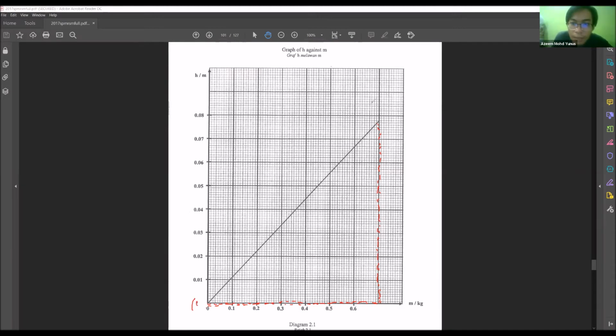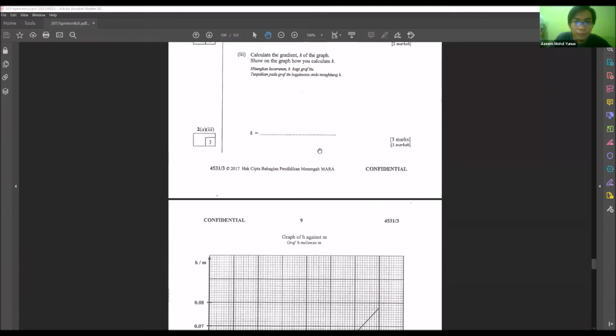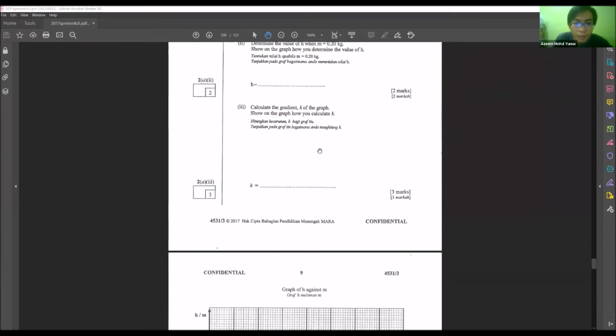Label the coordinates. This should be 0.7, 0.08. 0.7, 0.08.